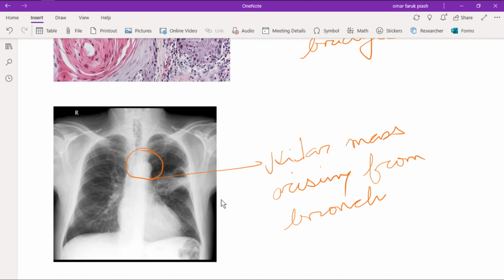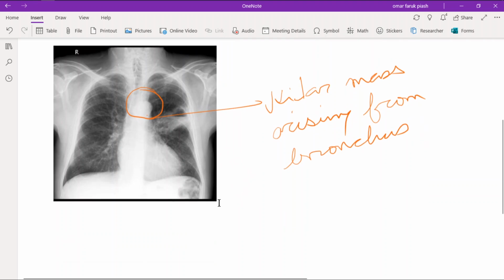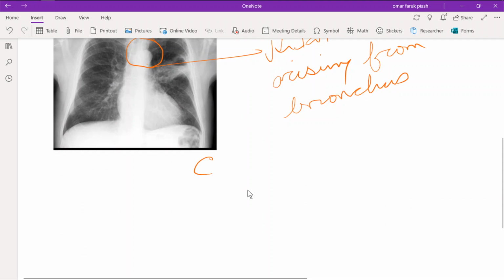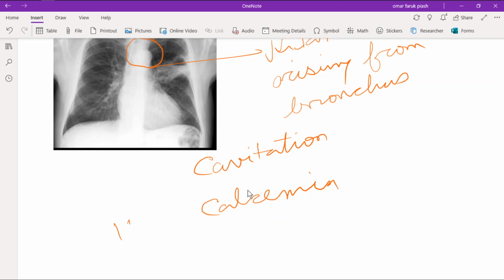And the other thing you can easily remember is the 3 Cs. Here there is cavitation, there is hypercalcemia, and cigarette smoking is related. Cavitation, hypercalcemia, and cigarette smoking.